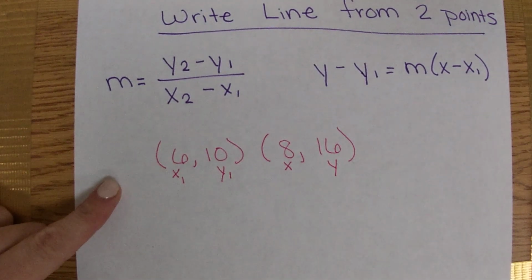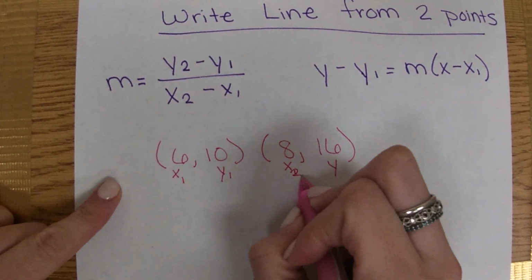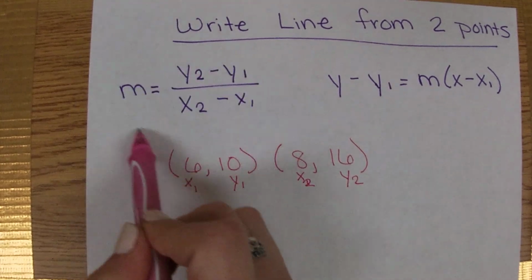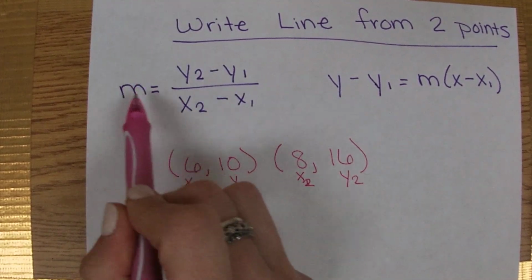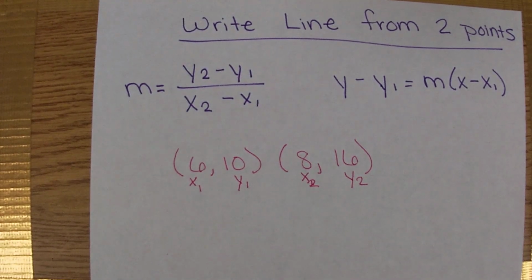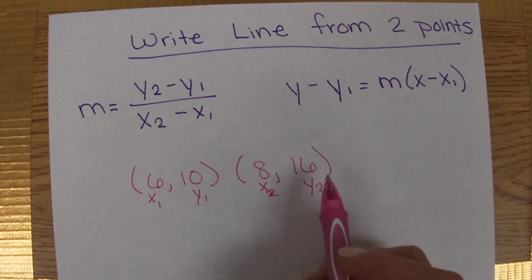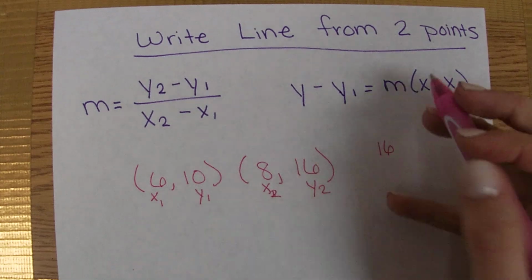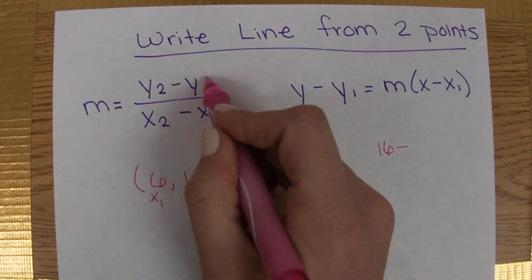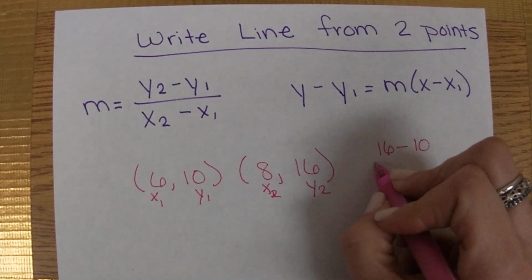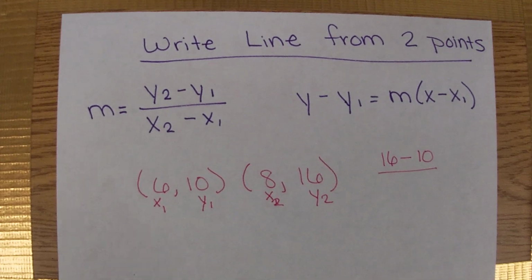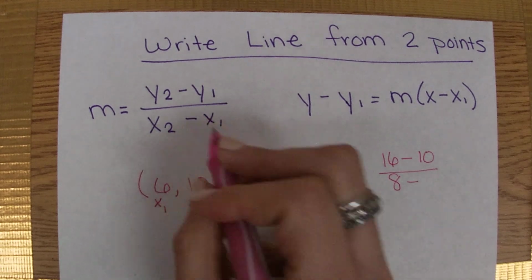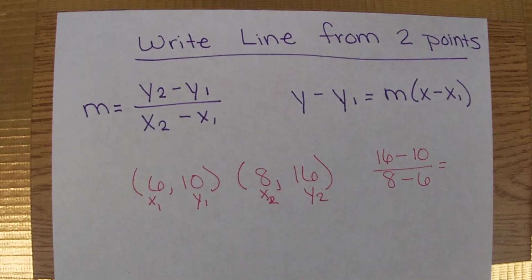So this is our first set, and our second set. Our slope formula, m equals slope, is sitting up here. So to find the slope, we say y2 is 16, minus y1, which is 10, over x2, which is 8, minus x1, which is 6.